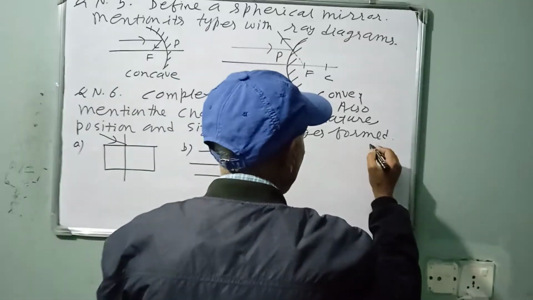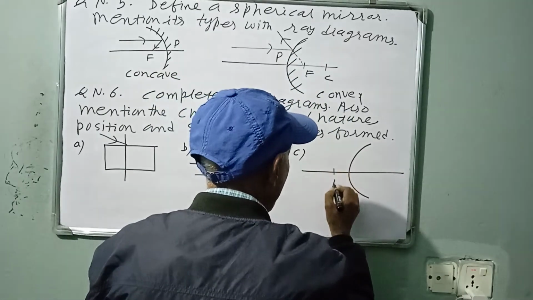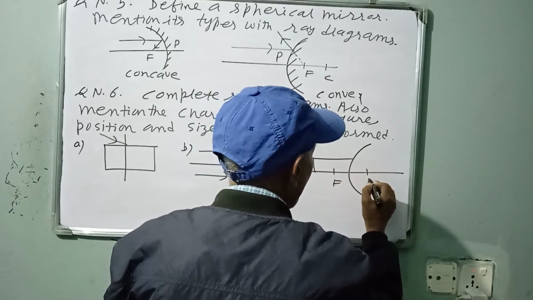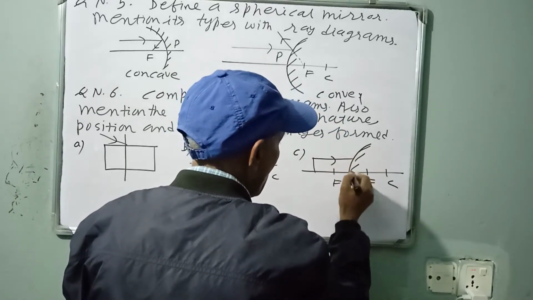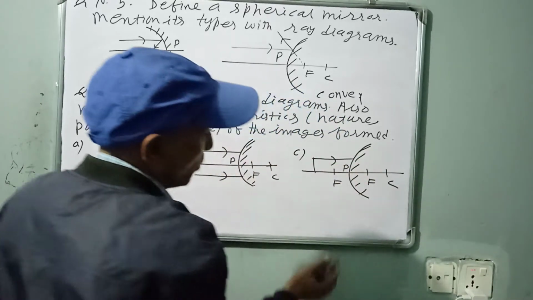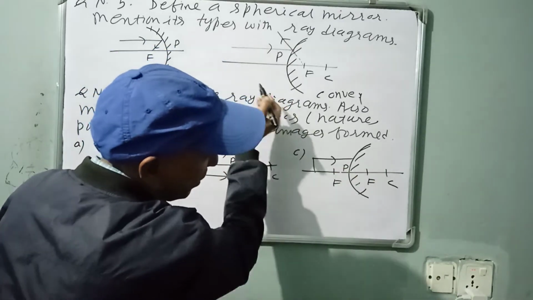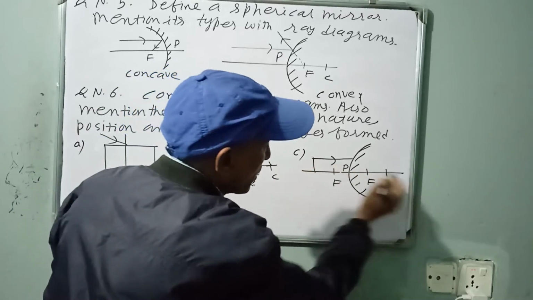Another is, see, focus, here is the object. See. What to do? One ray diverges away from the focus, another ray passes through the center of curvature.